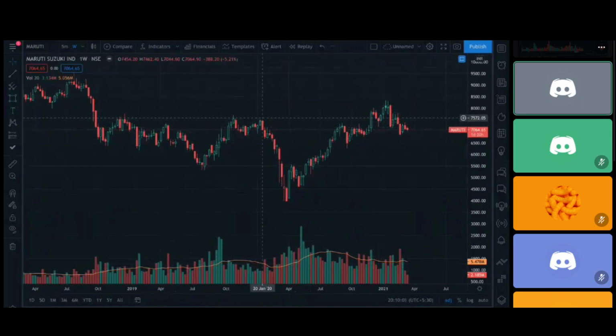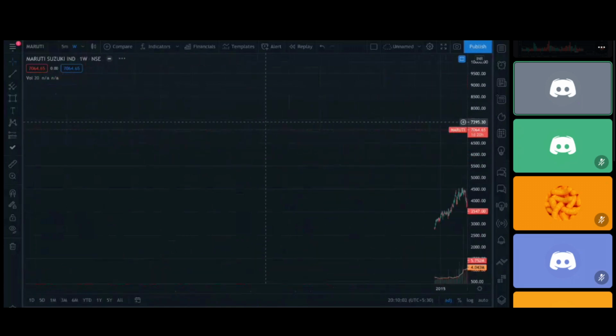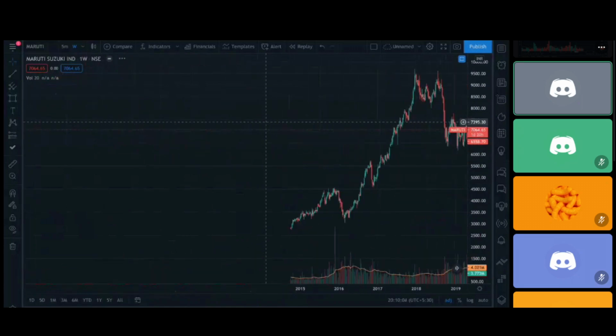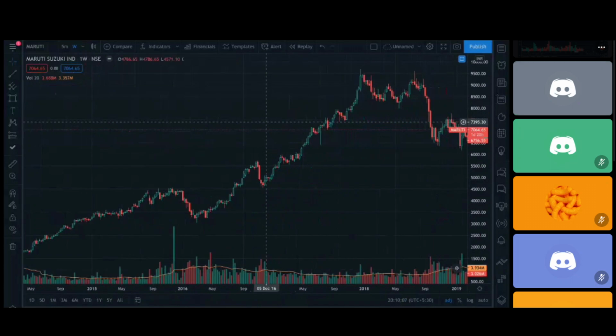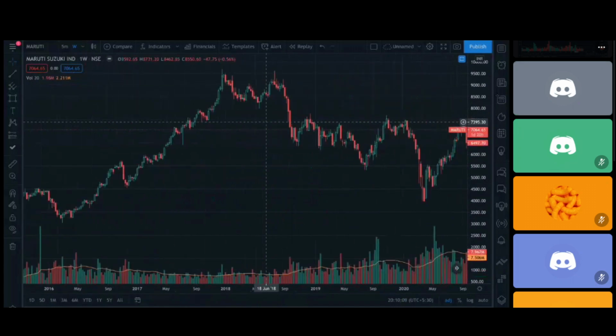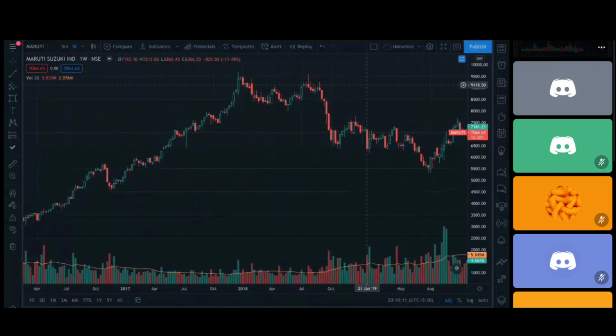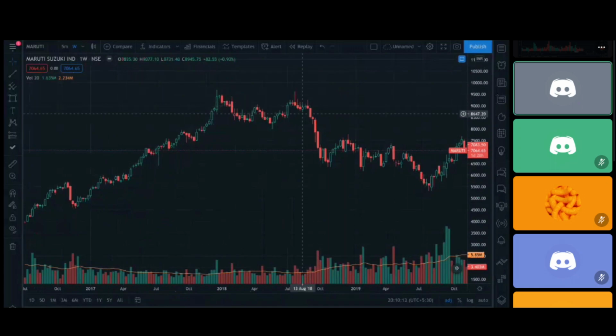So, for example, let's take this particular one. Here, this is what I would call an igniting volume, which means that until here, the stock was in an uptrend and the trend was bullish.